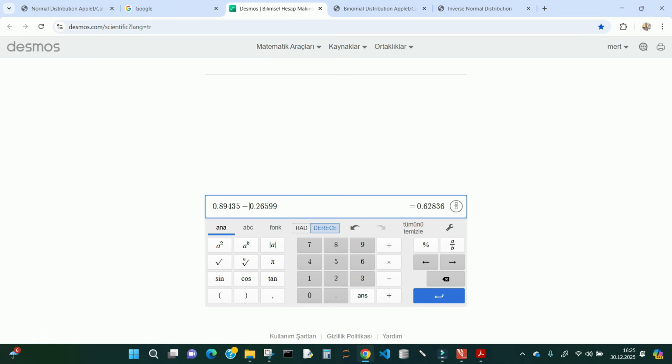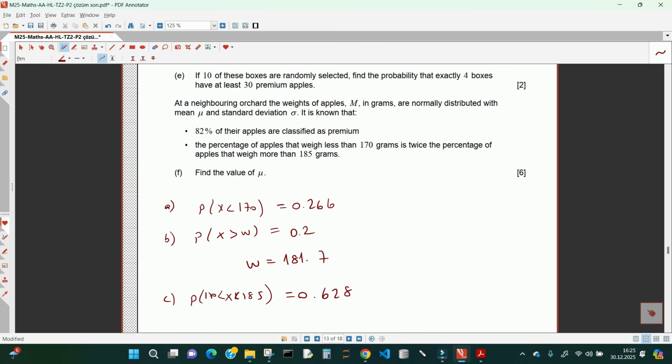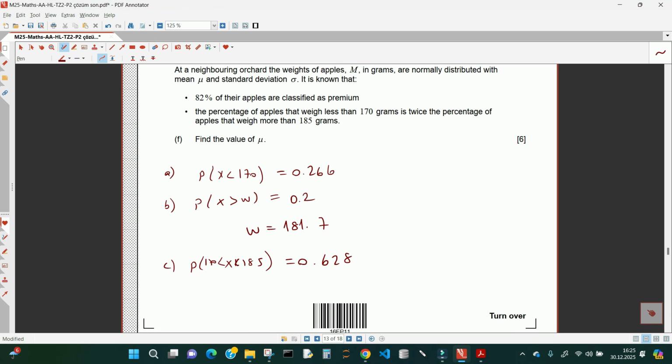It is 0.628, right? Because I found the area first below 170, and then I found the area which is under 185. Yeah, and then subtracting, I found the area between these two numbers.